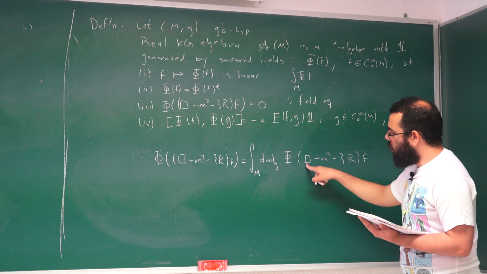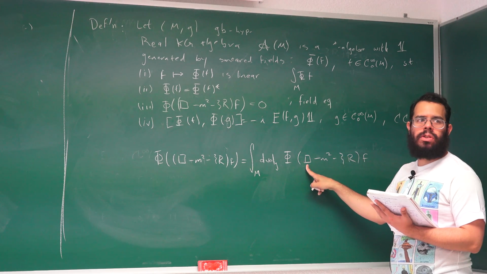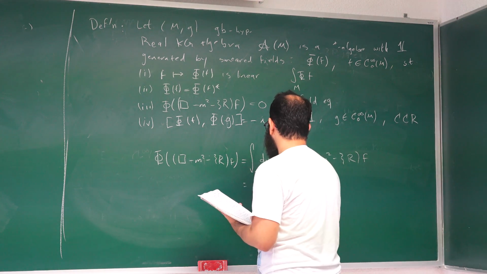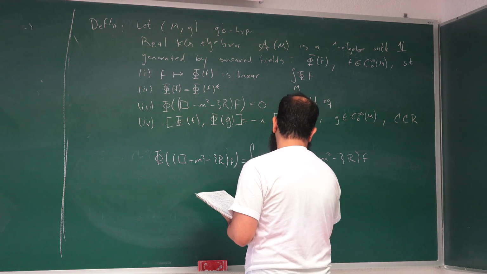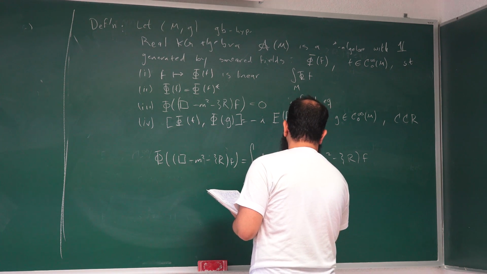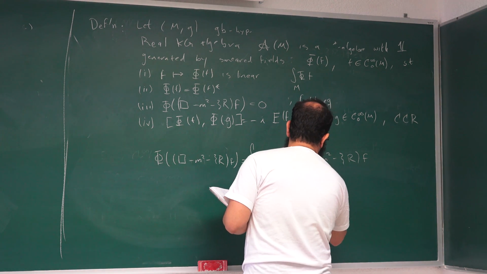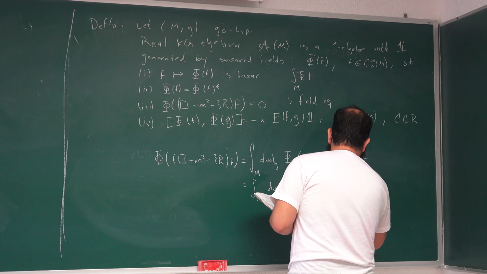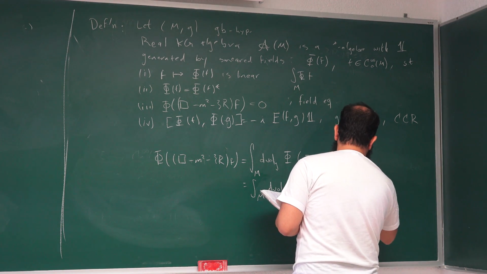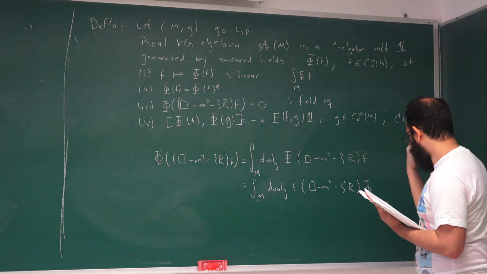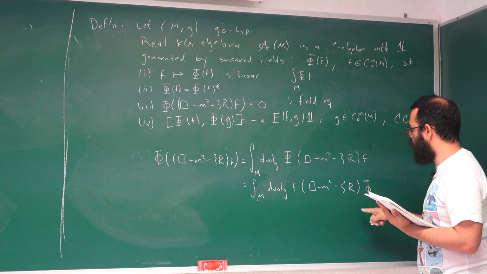And now if I use integration by parts twice on the box operator, what I get is the following. And there are no boundary terms because this is of compact support.